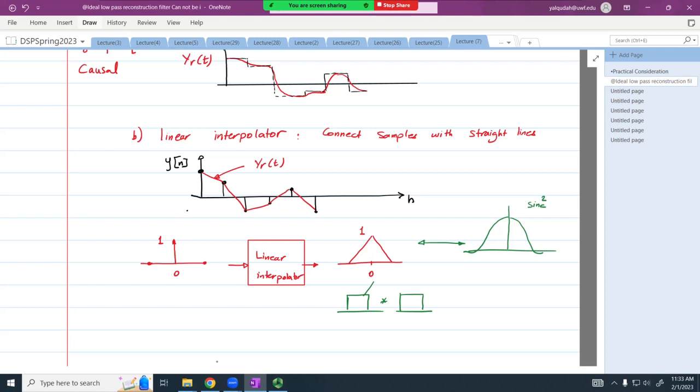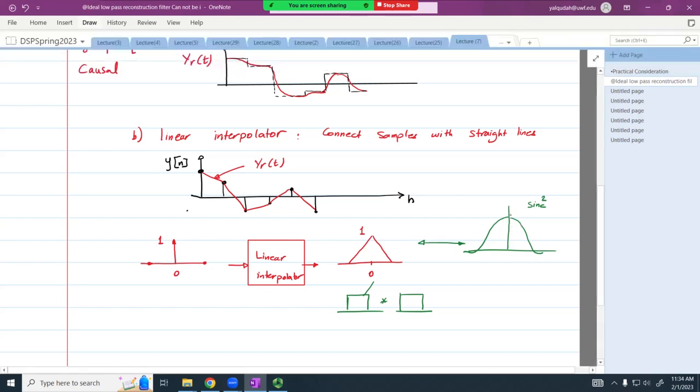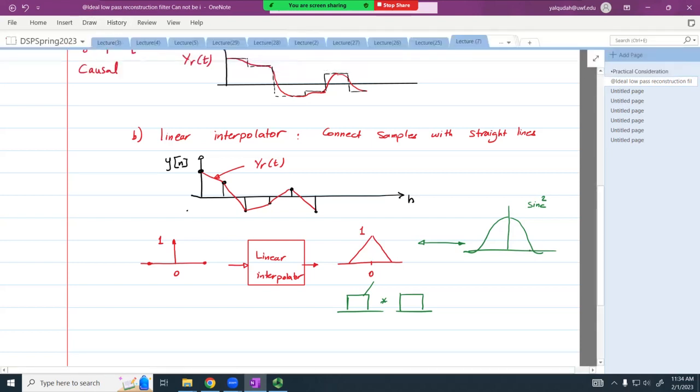Is that clear? Now, because this is sinc squared versus the rect in the previous one, the sinc squared is going to be smoother in this range. It's flatter. And therefore, it gave me this nice looking signal compared to the rectangular pulse. Is that clear? In the ideal case, what I wanted was a low pass filter that looks like this.